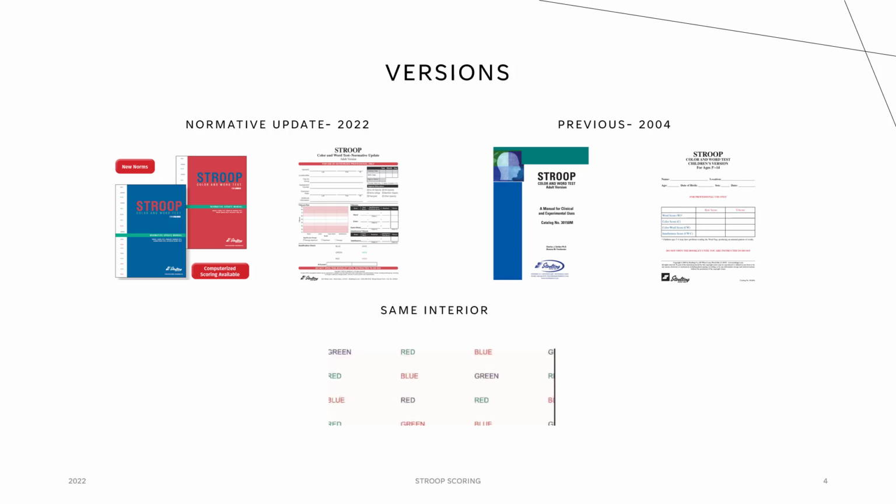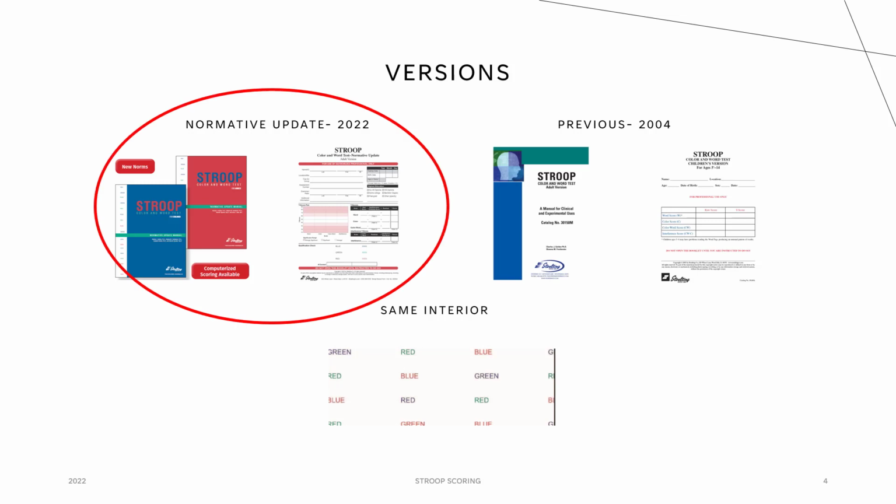They both have the same stimuli on the inside. There's a little bit more explanation about what the differences are on the website. Basically, the normative update has new population data and some slight differences in the scoring. We'll be talking mostly using examples from the normative update, but I will give you some examples of what the differences are between the normative update and previous version as we get to those issues.